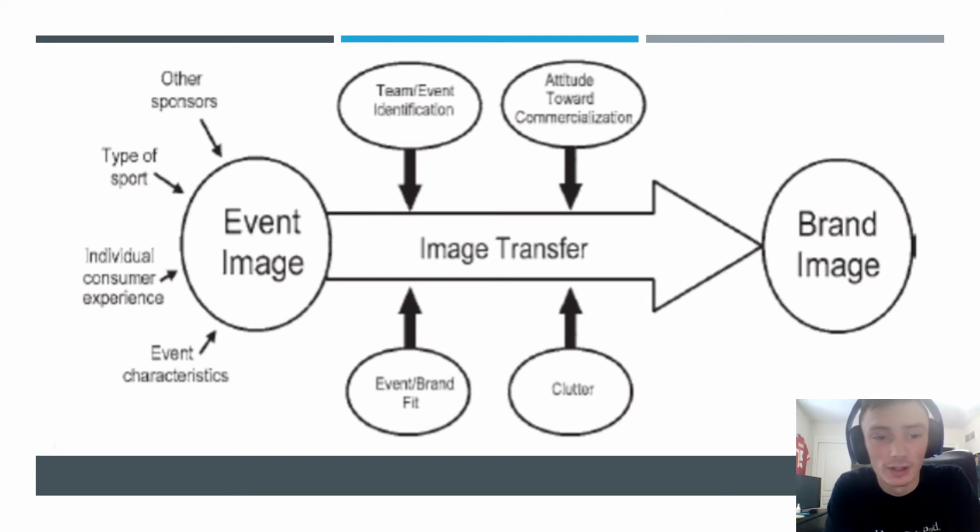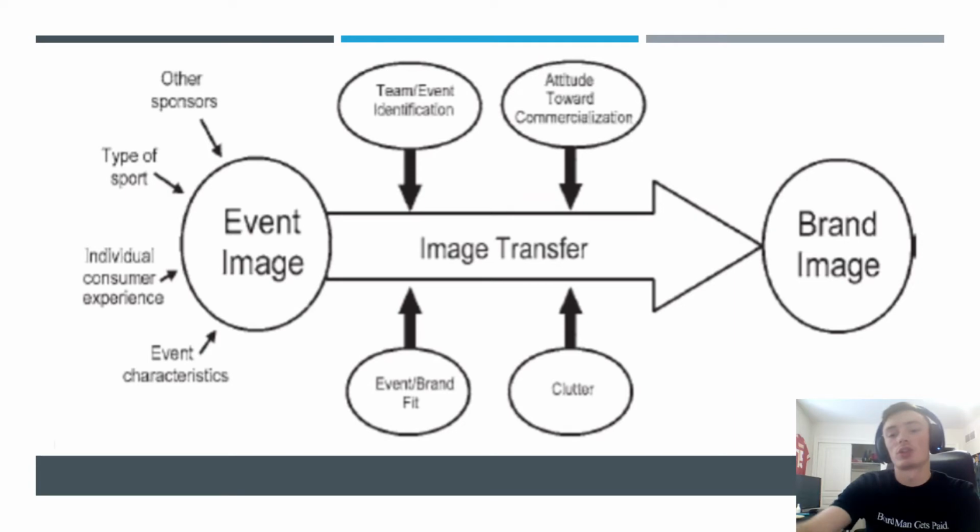On the left side of this model, we have the event image. This is what their image is like, typically with their characteristics, their other sponsors, the experience that their consumers have dealing with them, just basically how the public sees that brand.